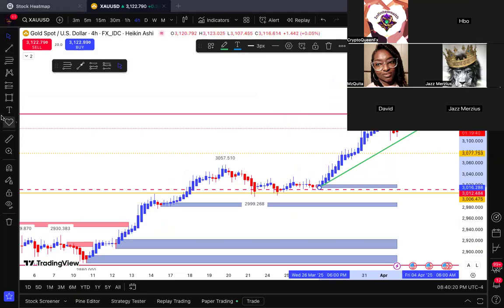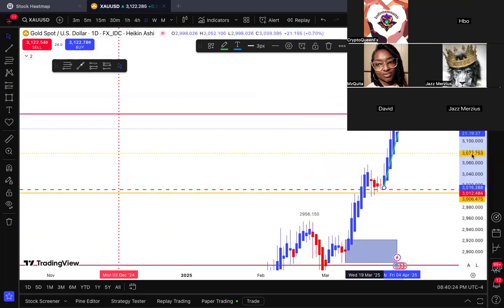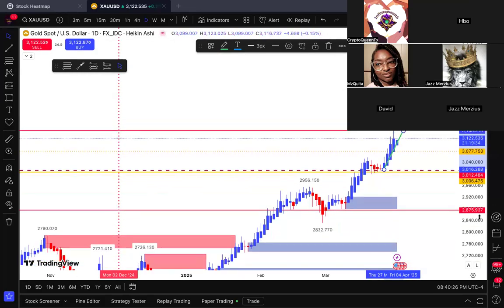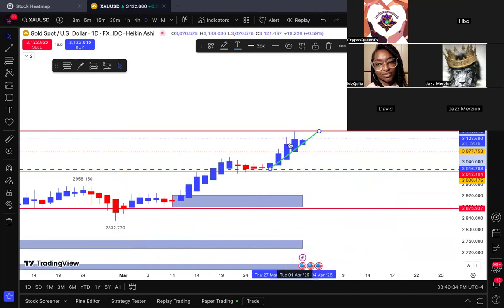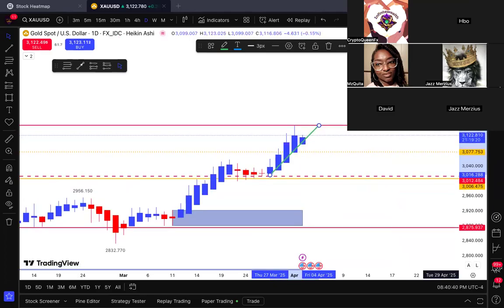Let's see, coming back all the way down there. That's sitting up under here. Gold right now is in a position to where if you got in a good position, you can just hold it and ride it up.